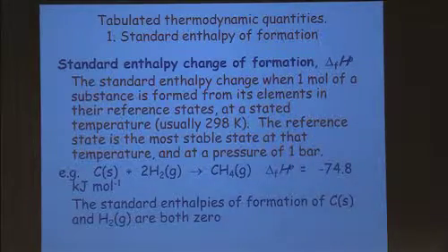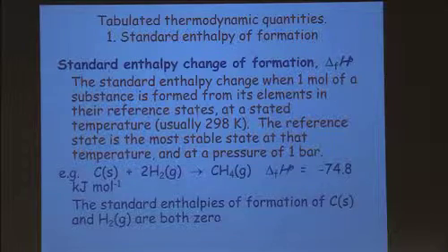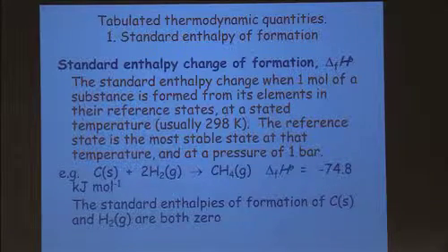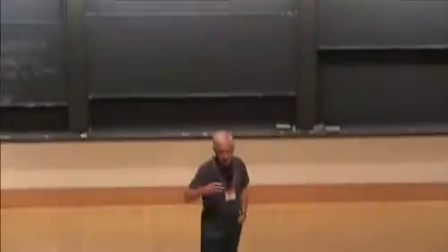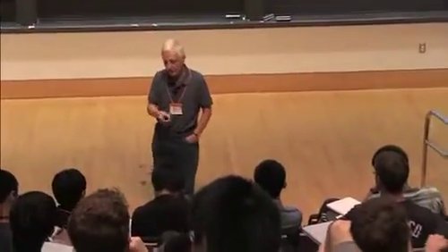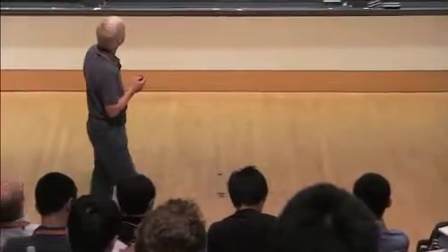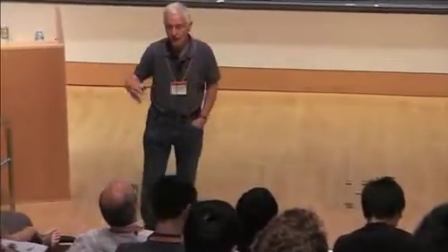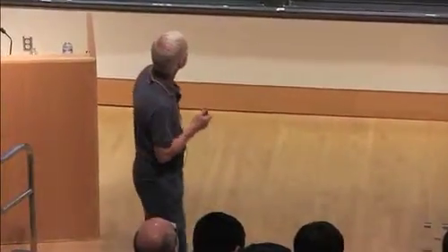Okay, let's define the enthalpy of formation, because this is what's tabulated. One of the things that we could do is tabulate enthalpies of all the reactions we need to know about, but that would be impossibly inefficient. And so enthalpies of formation are a very efficient way of doing those tabulations.